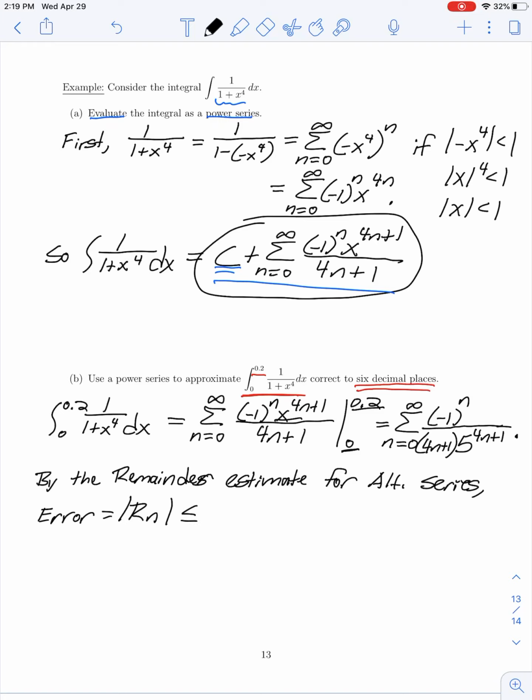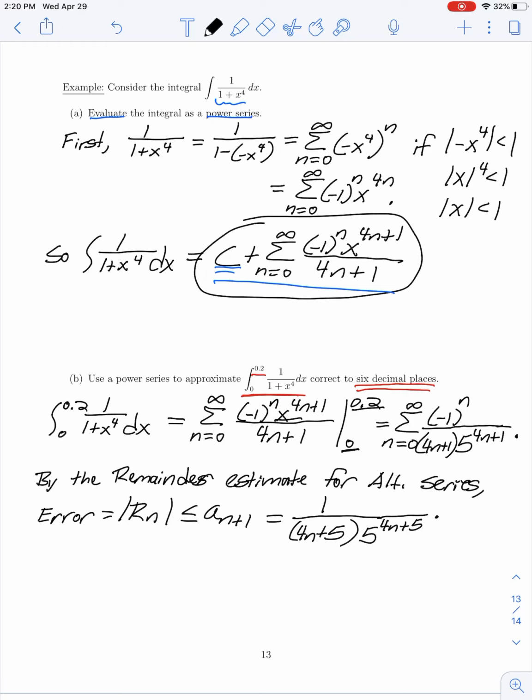And the remainder estimate for alternating series says that that would be bounded above by the n+1 term of my series if we neglect the alternating sign. So here, my n+1 term would be given by 1 over, plugging in n+1 in place of n, 4n+4+1, so 4n+5, and then 5 raised to the same power, 4n+5.